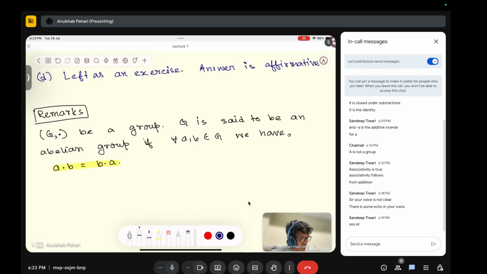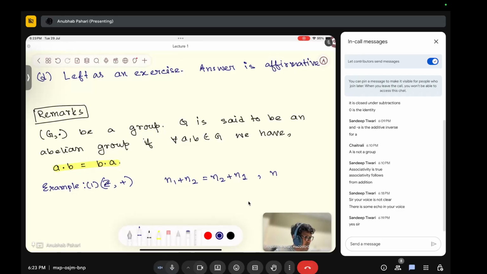Anyway, so what should be an example of this? Example: take Z with addition. For any element, n1 plus n2 should be equal to n2 plus n1, right? Because this is simply counting of two numbers.